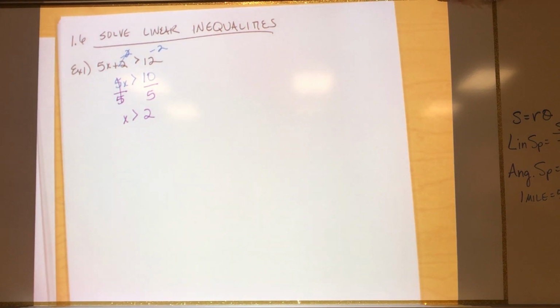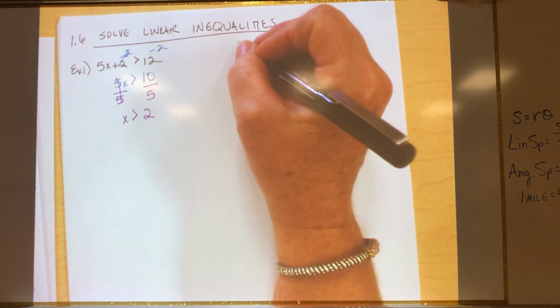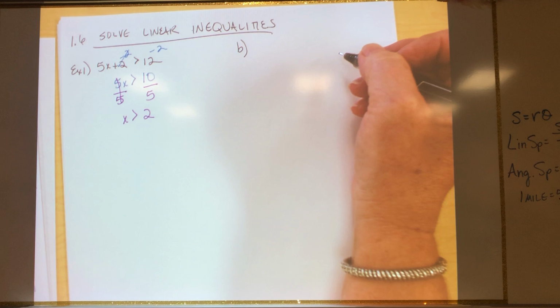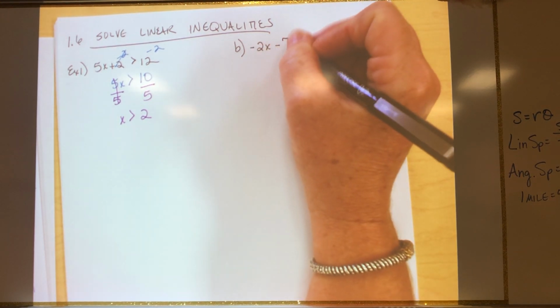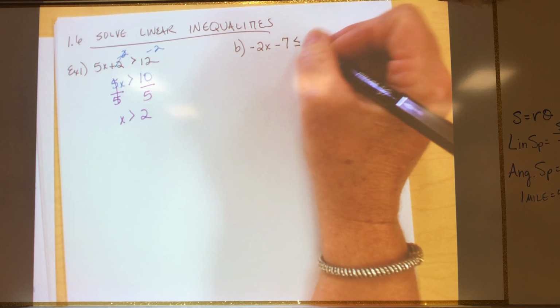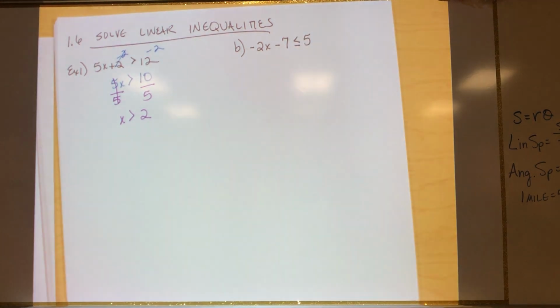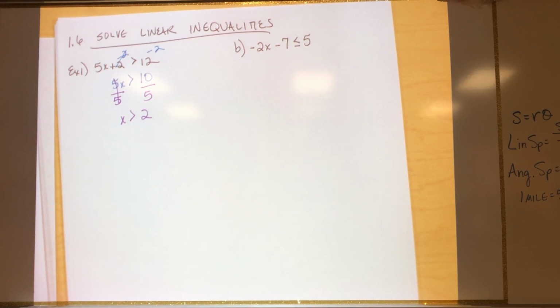Okay? Anybody got a question? All right. Example B. Are you ready? Negative 2x minus 7 less than or equal to 5. How about I give you 1 minute and 15 seconds?